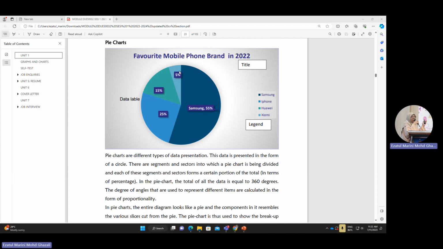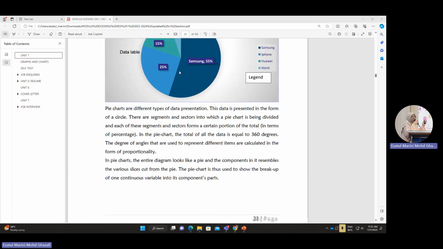So how many types of phone is being discussed here? Look at the legend. We have Samsung, we have iPhone, we have Huawei and Xiaomi. So the highest percent of the most favorite mobile phone brand is stated there, Samsung, because it has the highest number. More than 50% of the population use Samsung, and the lowest number is Xiaomi. All right.